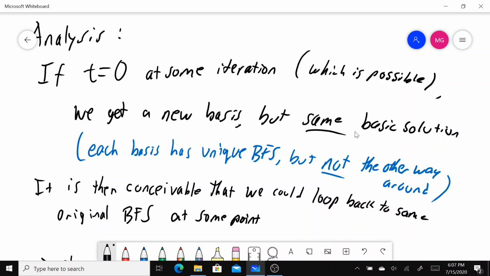It's possible then that on the next iteration t is 0 again, and when it comes time to figure out what exactly the exchange of the indices is, maybe we exchange right back to where we started. That is, we did one exchange, we exchanged k and l, but now we exchange right back. So l jumps back out of the basis, and k back in. And so we're at the initial basis that we started with, and not only that, we will again have the same basic solution.